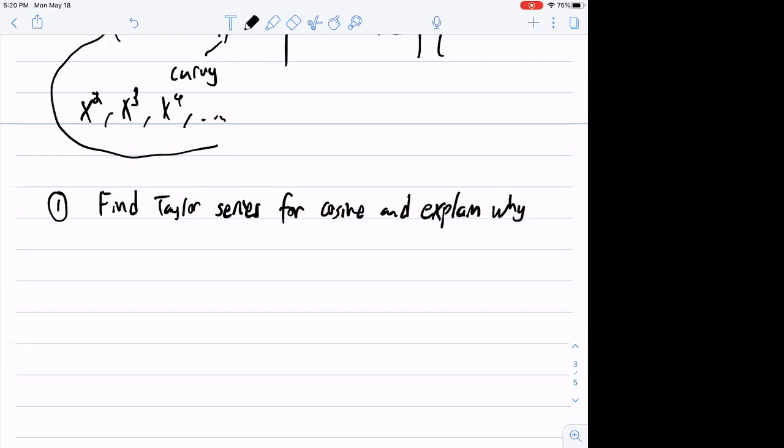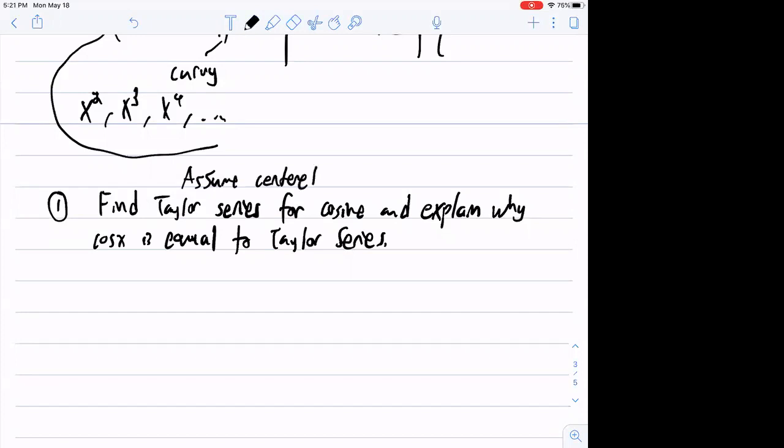I feel the second part's the harder part. To find the Taylor series, let's assume, the book doesn't really say, but without loss of generality, you could just assume it's centered at 0, just to make stuff more convenient.